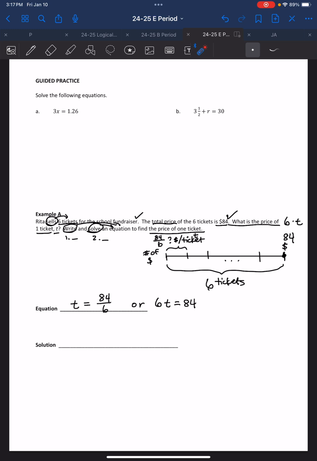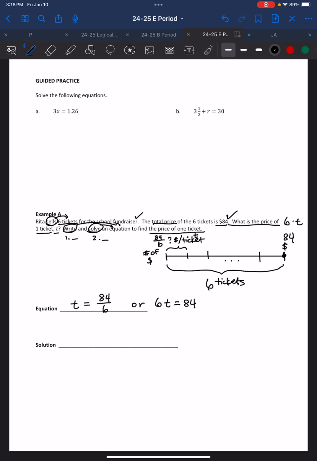If you're trying to find a solution to the equation, which of these formats would you like to use? We're trying to find a value for T, right? Well, do we already have a value for T? Yes. So you'd probably want to use that one to find the solution, but sometimes you might see it written like this. So off to the side, we're going to find a value for T. We see that T is equal to 84/6.